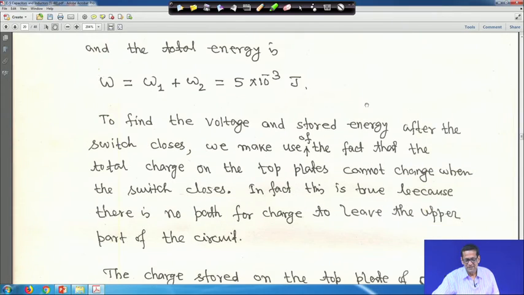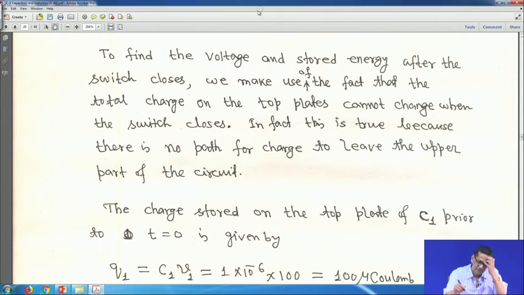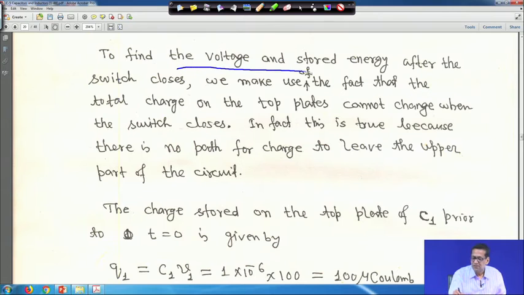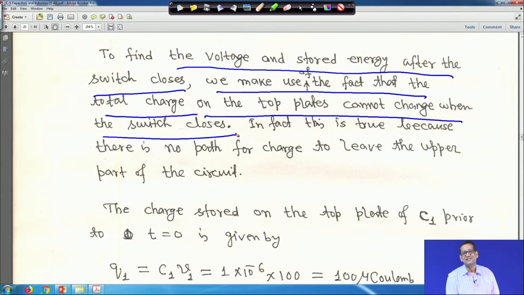Now, to find the voltage and stored energy after the switch closes, we make use of the fact that the total charge on the top plates cannot change when the switch closes, right. We have to make use of this fact.